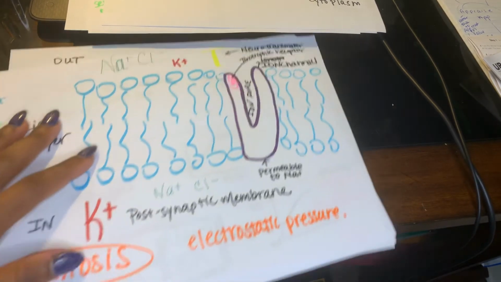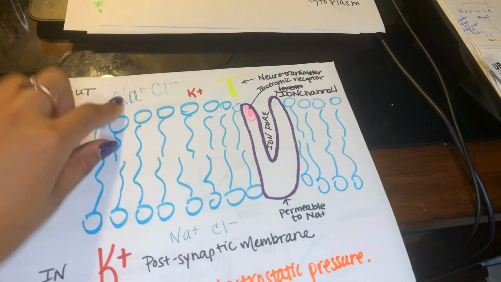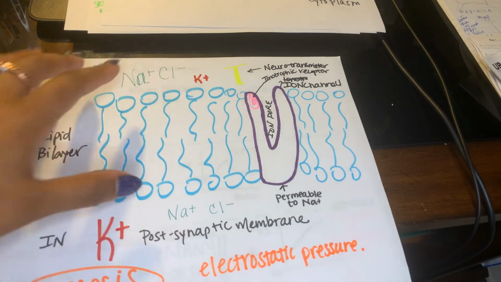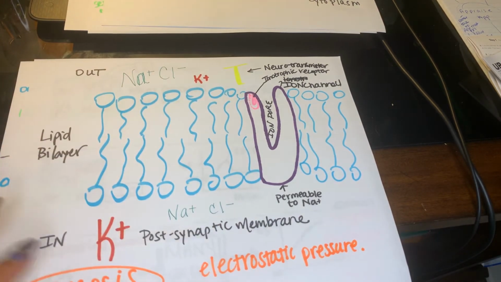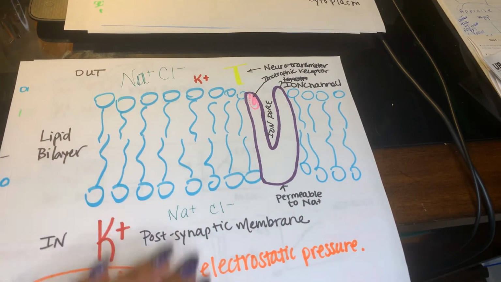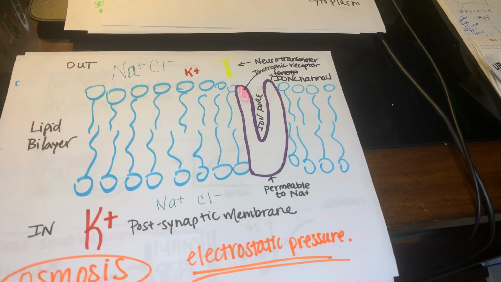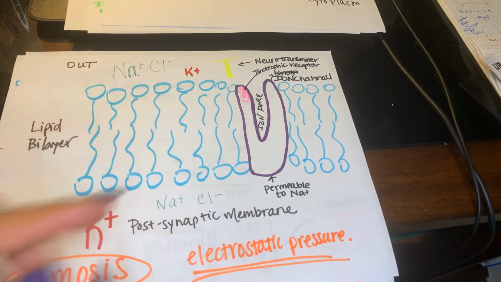So when sodium has a greater concentration outside of the cell than inside the cell, it would come into the cell. But both of these forces have to work. Sodium has a positive charge, and since inside the cell is actually more negative, opposite charges attract each other.